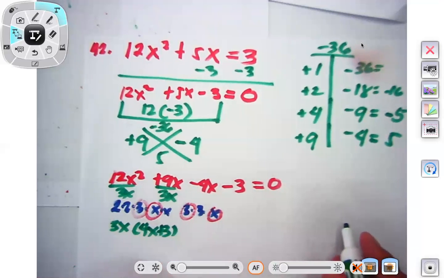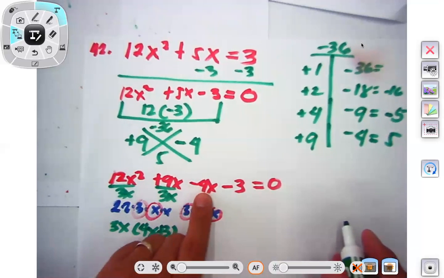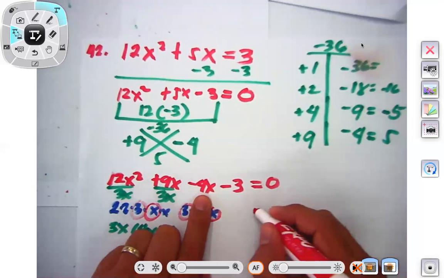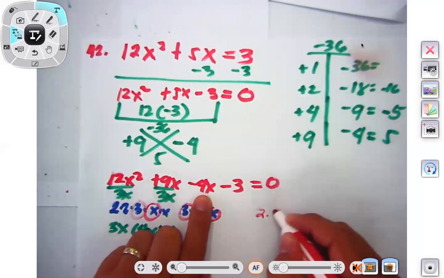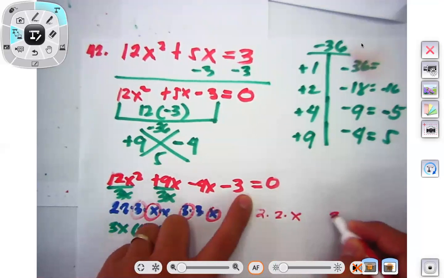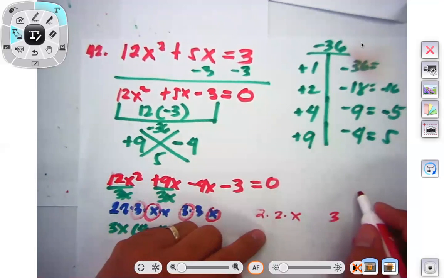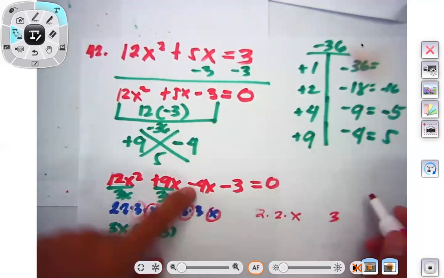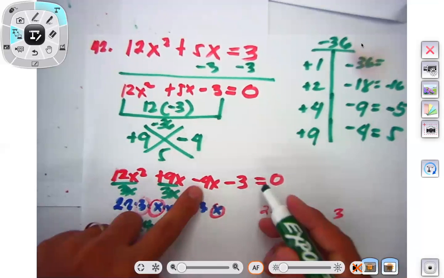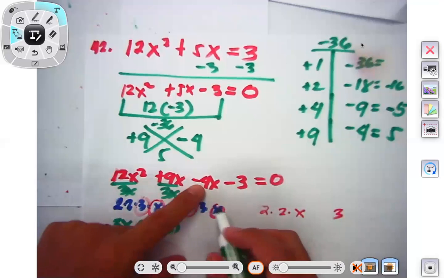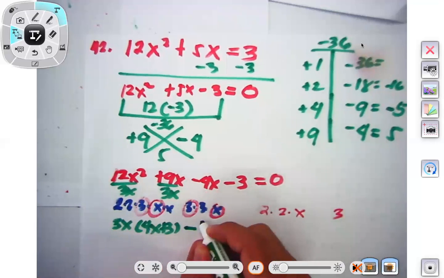Now, let's find the GCF of -4x and -3. For 4x, you have 2, 2, x. 3. Do you have a GCF here other than 1? It's 1. But this is negative, right? So I have to put here negative 1.